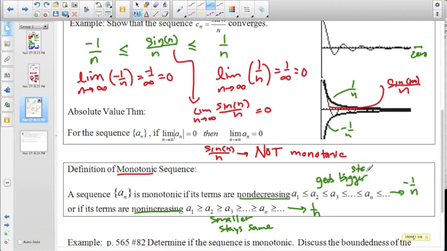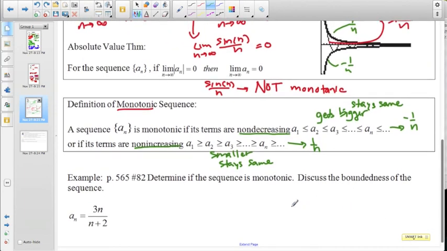It never gets smaller. When we have functions that don't turn around, they just start at a big value and get smaller, or start at a small value and get bigger, those are called monotonic. So this is an example of monotonic non-decreasing, and monotonic non-increasing.